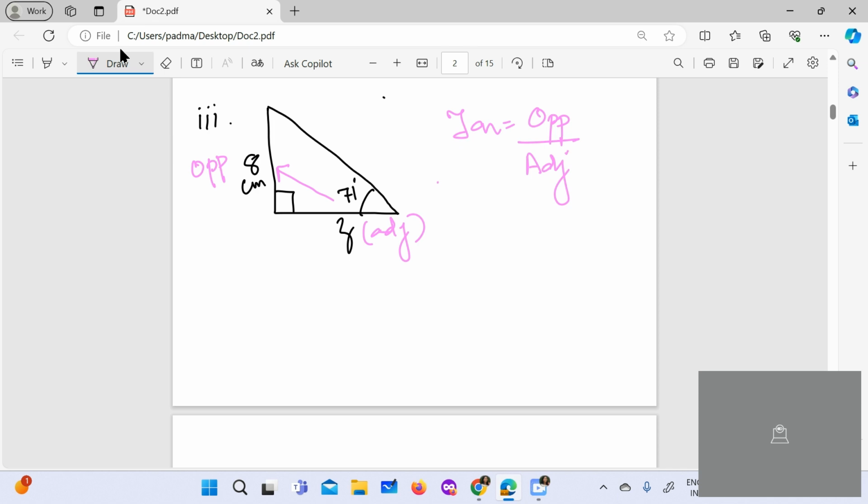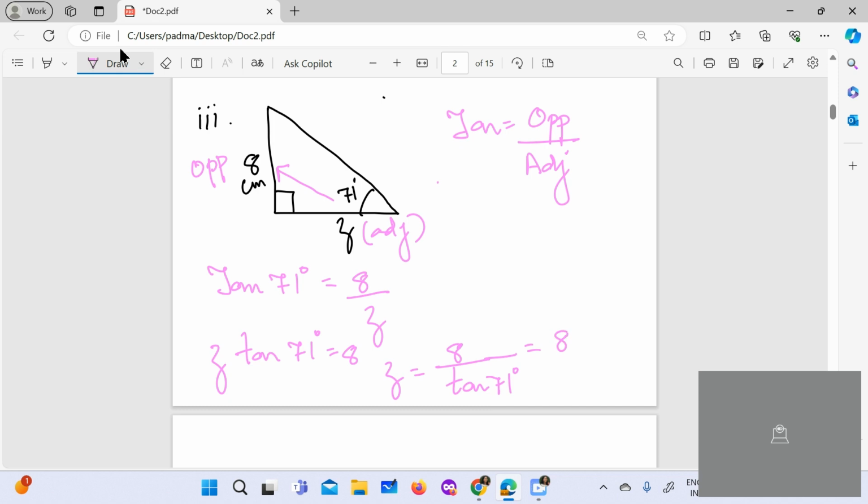So tan 71 is equal to opposite is 8 and adjacent is z. What we can do? Cross multiply. Z tan 71 is equal to 8, which will give you z is equal to 8 over tan 71. Okay, now you can plug in the value of tan 71 using your calculator.